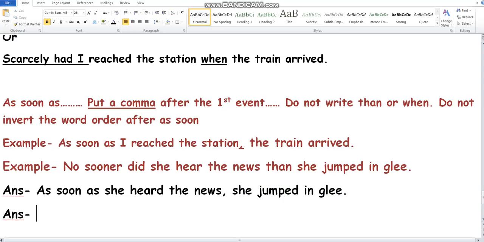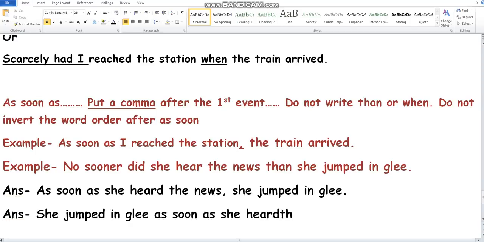But if you're using as soon as in the middle of the sentence, we will begin with the second part of the sentence that says, she jumped in glee. Now here you will not put a comma because we will connect the two sentences with as soon as. She jumped in glee when? When did she jump in glee? She jumped in glee as soon as she heard the news.